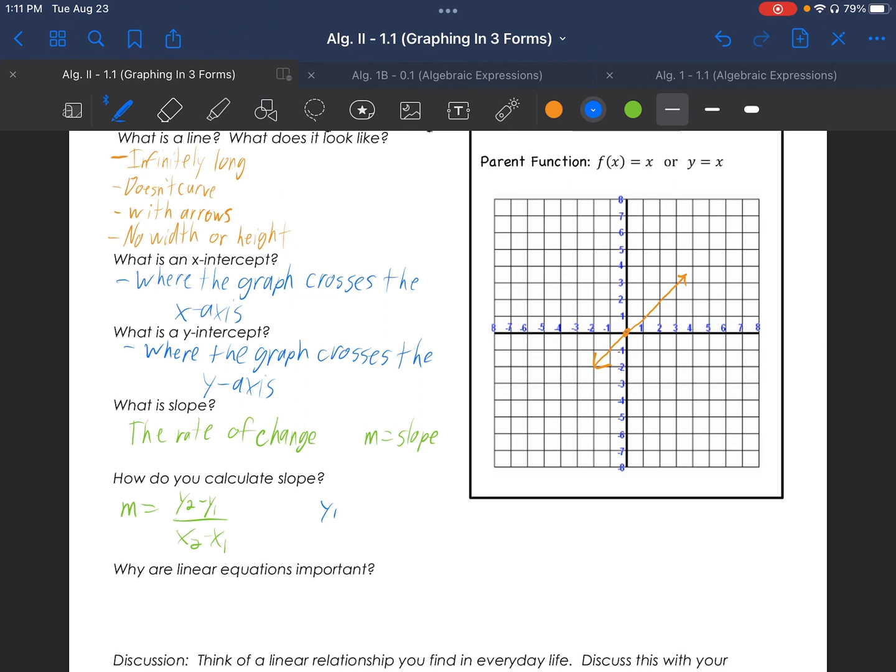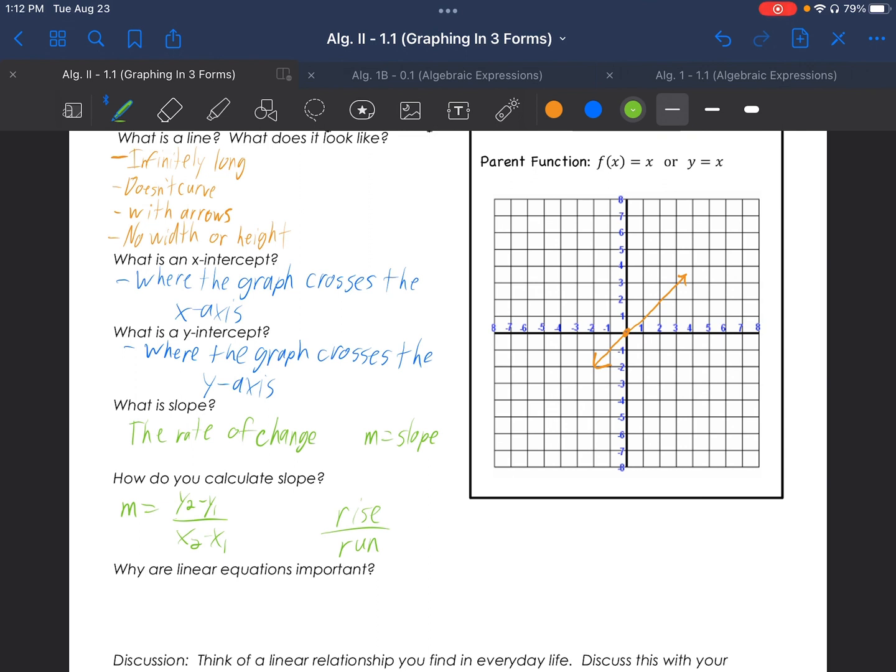However, if you have y1 minus y2 on top, you could not do x2 minus x1 on the bottom. You would have to line them up vertically, so x1 and y1 have to be both first or both second, meaning both x2 and y2 would have to be second there. I'll talk more in depth on that once we get to some slope examples. Oftentimes, like I said, we will think about it as rise over run, how much it changes up and down versus how much it changes left to right.